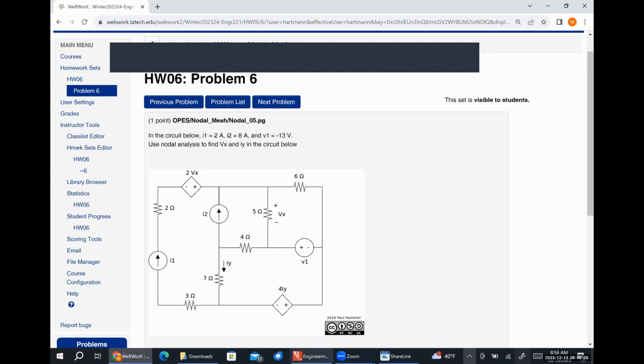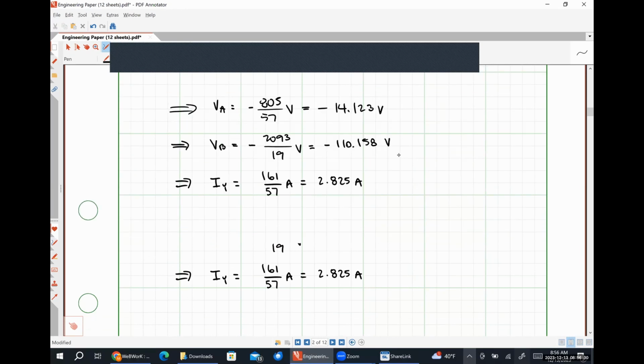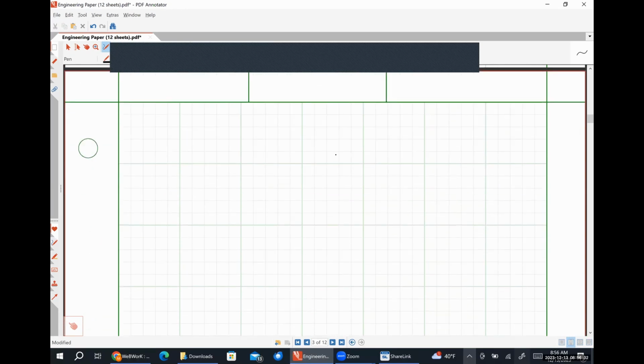So I'm going to draw this terrible circuit. This is homework 6, problem 6, if I'm not mistaken.